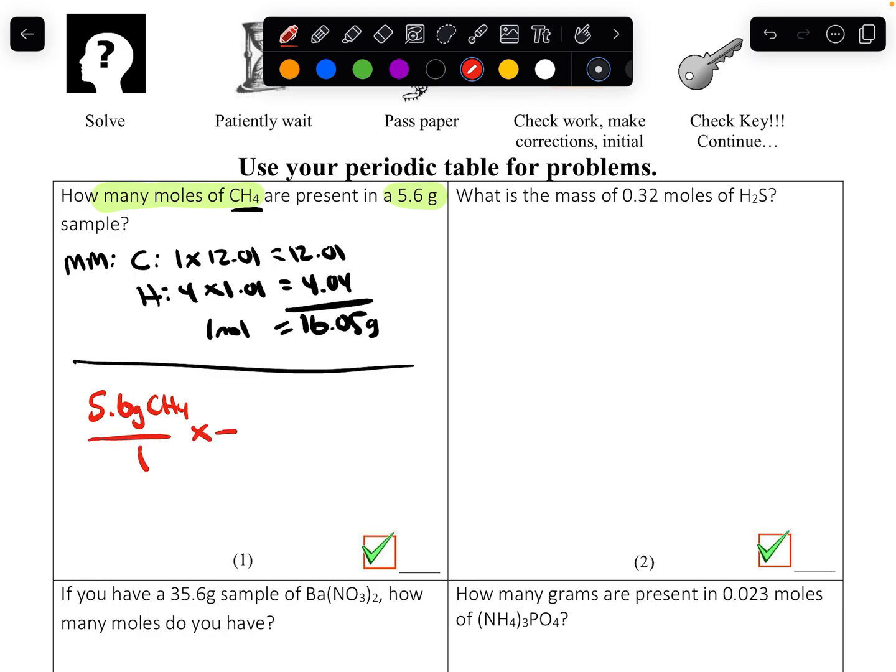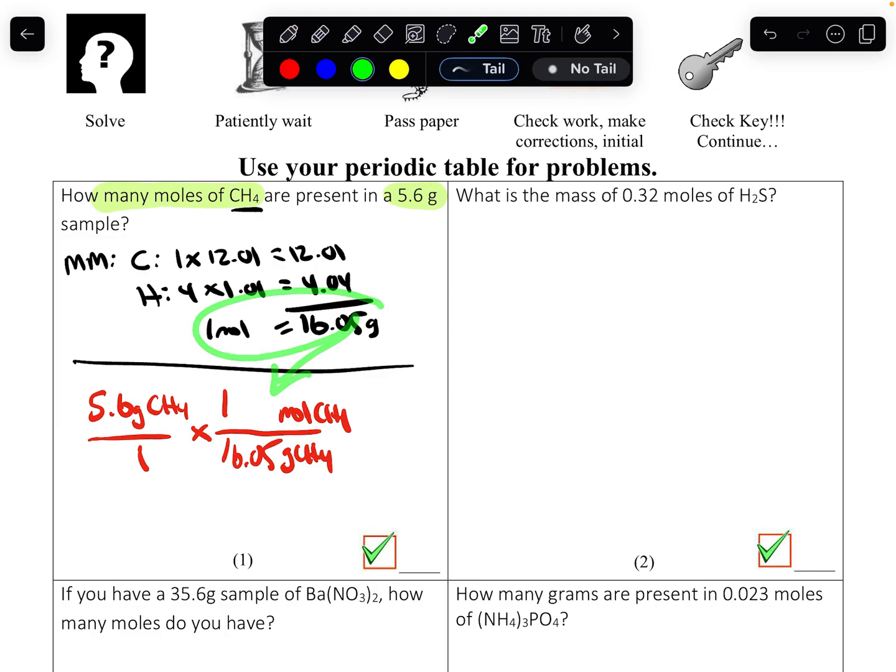And then we're just going to multiply it by our molar mass fraction. I want to get rid of grams, so grams on the bottom. I want to get some moles, moles on the top. And I know that there's 1 mole for every 16.05 grams. Where did I get that from? Molar mass, guys. That's why we did it.